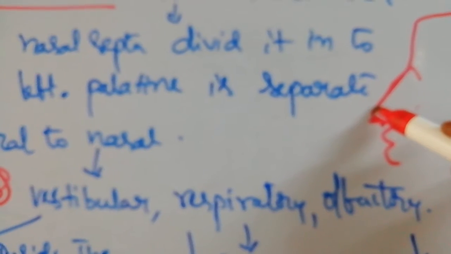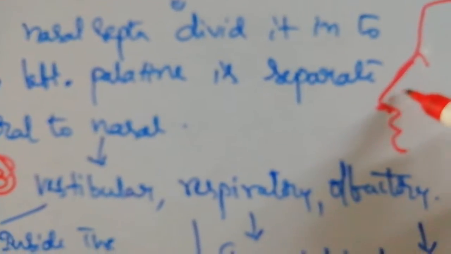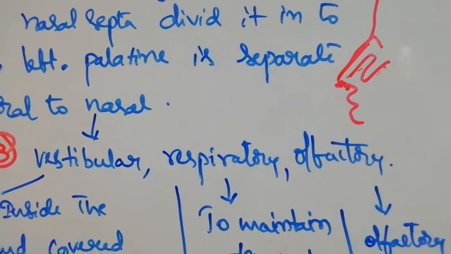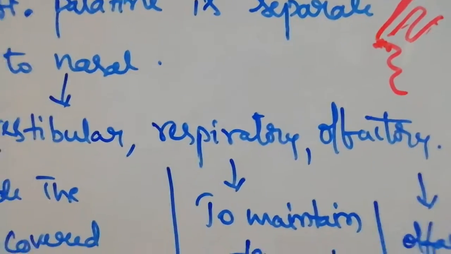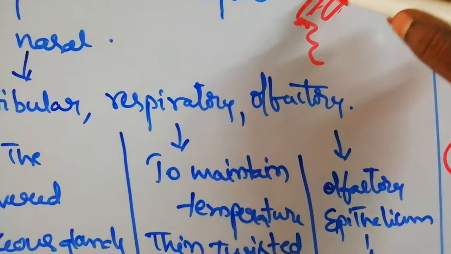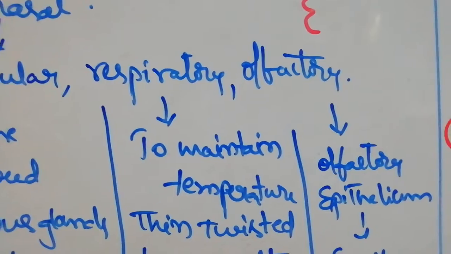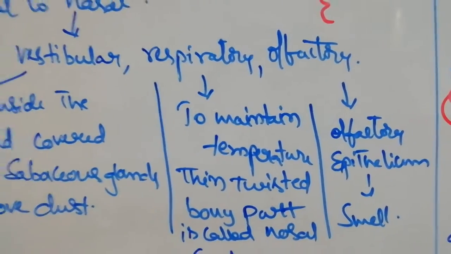It is divided into the olfactory, respiratory and vestibular parts. First, the olfactory part is present. Inside the nose, the first part is the olfactory, which is helpful for knowing the smell.